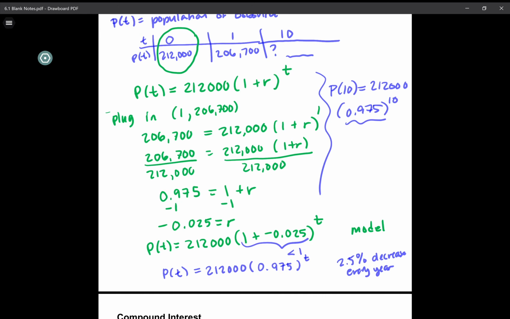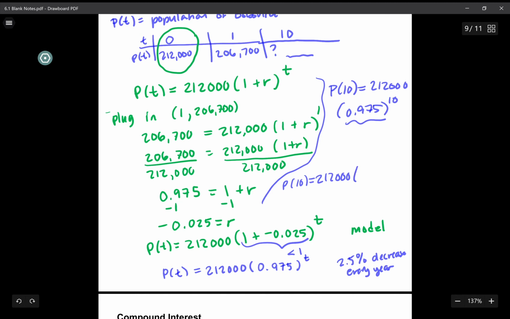Let's do this. P of 10 equals 212,000 times 0.77639, I'm just going to leave that in my calculator and hit times 212,000. So I'm not rounding at all from what my calculator is rounding.